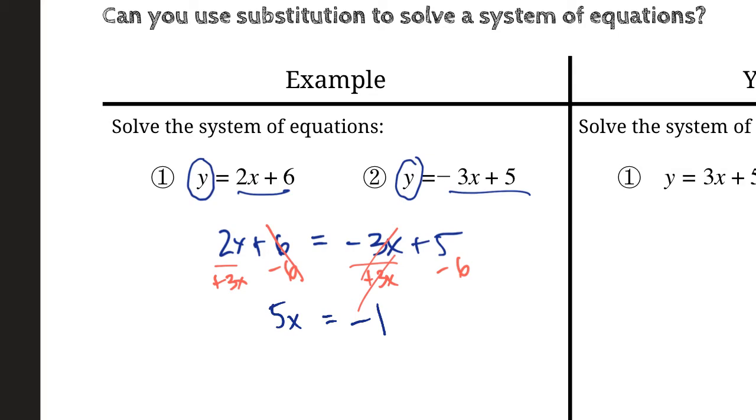Okay, and now we want to solve for x. So x is now being multiplied by 5. So the way we get rid of that 5 is we're going to divide by 5, right? It's going to make those go away. And x is going to be negative 0.2 if we do that division. There we go. So that is our value of x.